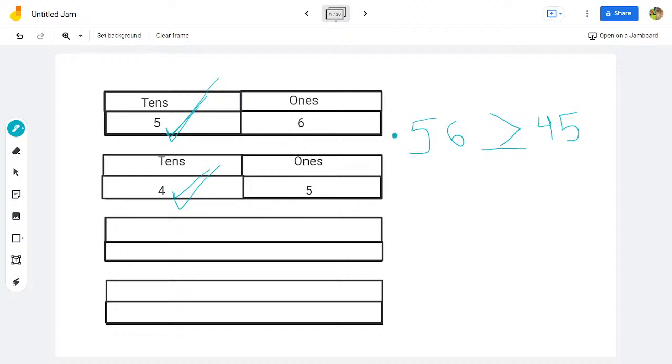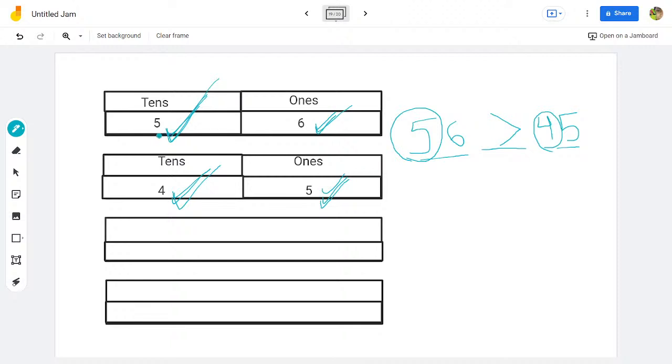Now बहुत सारे बच्चे इस चीज़ में कंफ्यूज होते हैं कि ones column में we have 6 and 5, और 6 जो है वो 5 से बड़ा है. So when you are comparing a number that is having two digits, we always look at the tens column. हम लोग सिर्फ tens column को देखते हैं and we decide if the number is bigger or smaller. ones column से हमको कोई मतलब नहीं होता है.